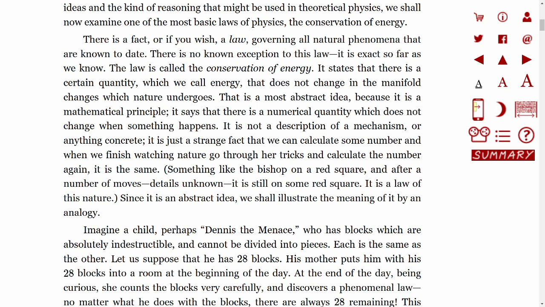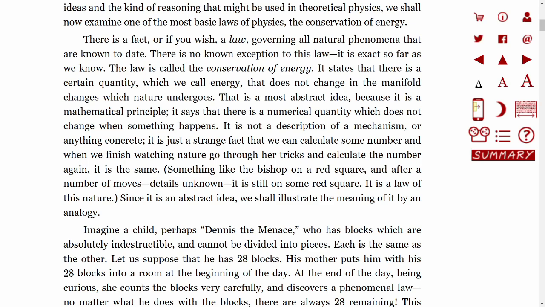Something like the bishop in a chess game on a red square, and after a number of moves, details unknown, it is still on some red square. It is a law of this nature. Since it is an abstract idea, we shall illustrate the meaning of it by an analogy.